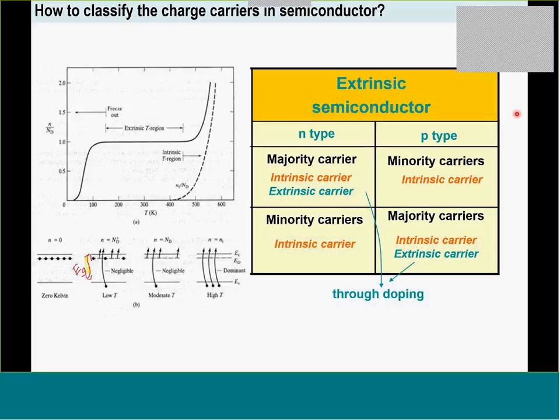And because of that, the intrinsic carrier is very difficult to control. But in extrinsic carriers, you are able to control it by having a certain kind of temperature.